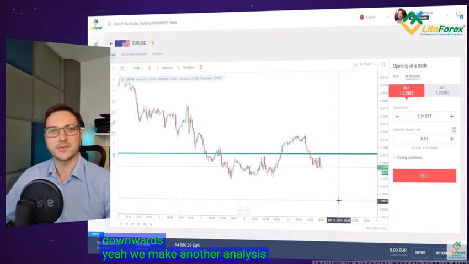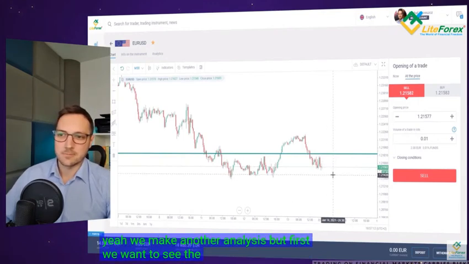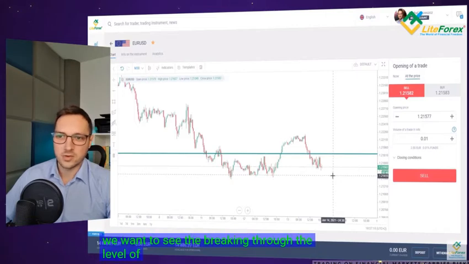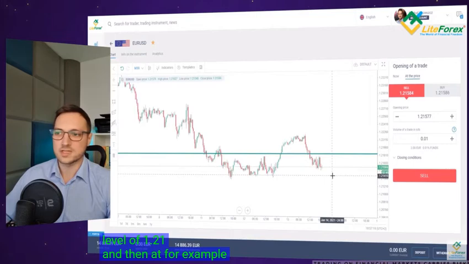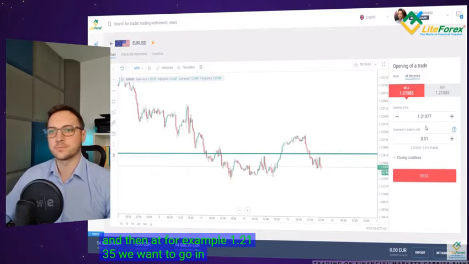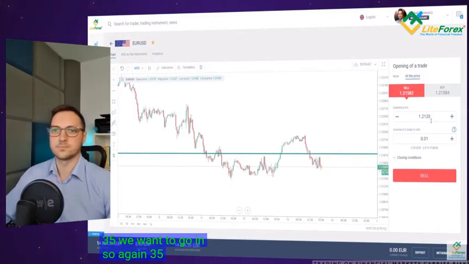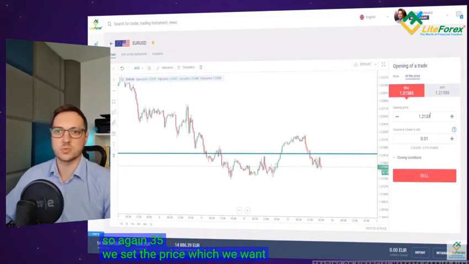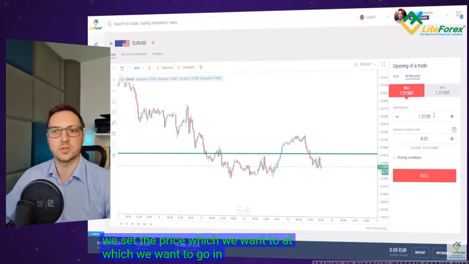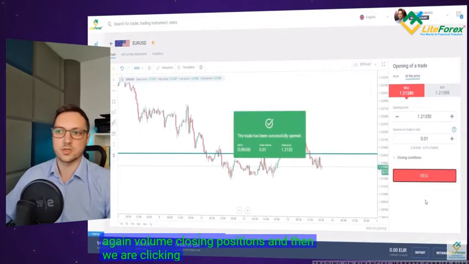We make another analysis, but first we want to see the breaking through of the level of 1.2141. And then at, for example, 1.2135, we want to go in. So again, 35, we set the price at which we want to go in. Again volume, closing conditions, and then we click sell.